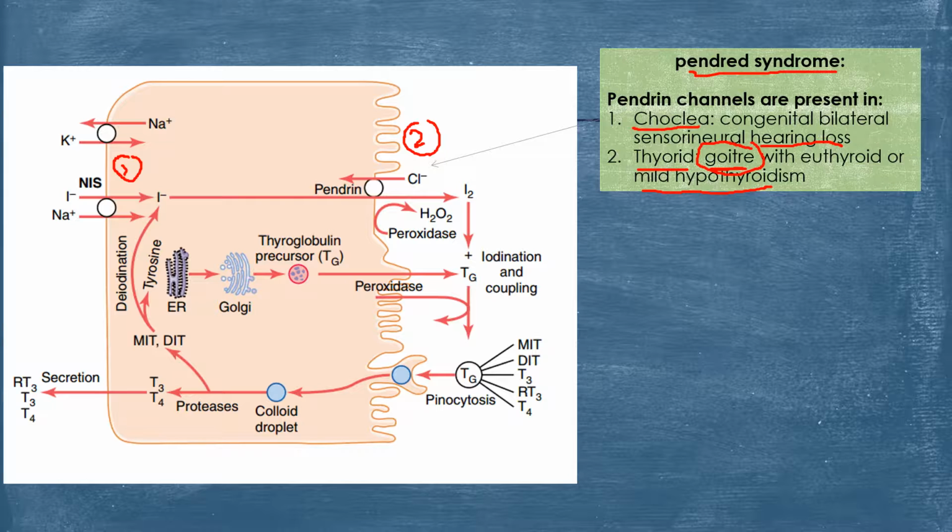Okay, here also at the same time, the thyroglobulin that we've talked about, which is the storage protein for thyroid hormones, is synthesized in the follicular cells and secreted into the colloid. There are enzymes called peroxidases.